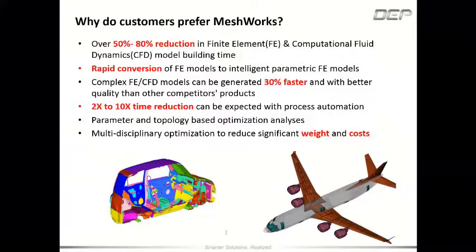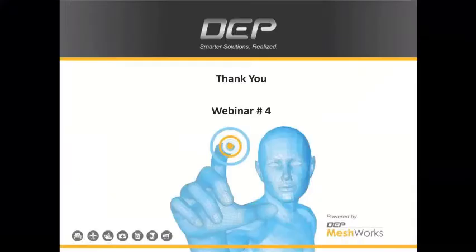We can stretch out the parts. We can do so many different types of morphing scenarios. All those things are available to the user. It also helps in generating your MDO to help you reduce your weight and hopefully get you some cost savings along with your weight savings. These are the points we wanted to highlight in our summary.